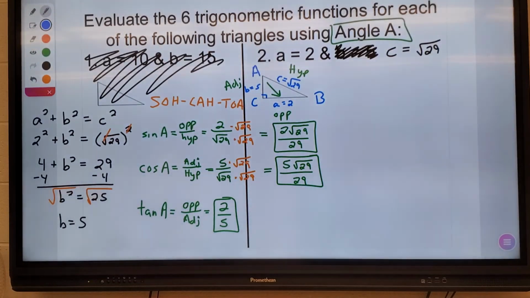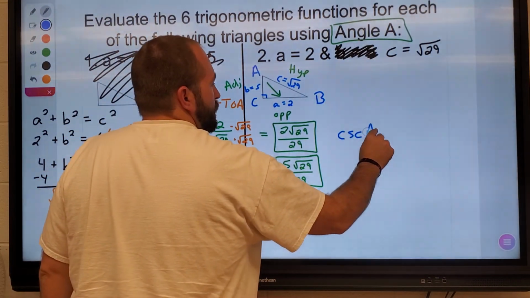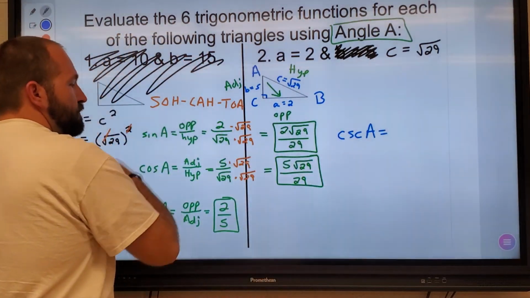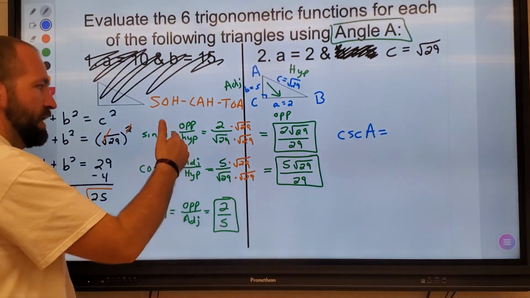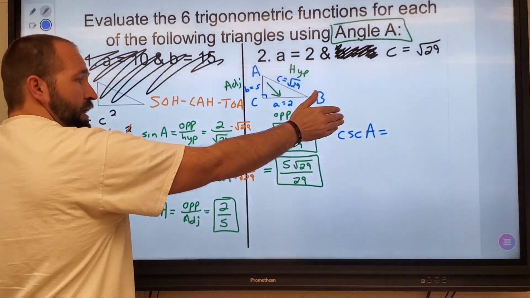Okay, then again, moving on to the reciprocal functions, cosecant, secant, and cotangent. So cosecant was the first one. And that's the reciprocal of sine. So the reason that I write these out the way I do is because they are the reciprocal. I can just look left to right.